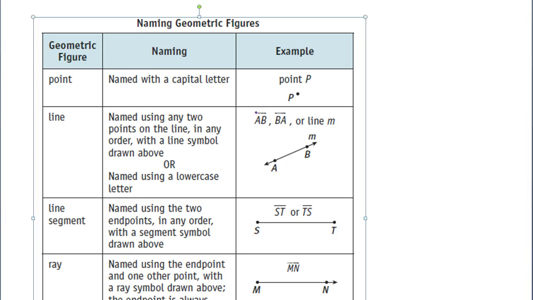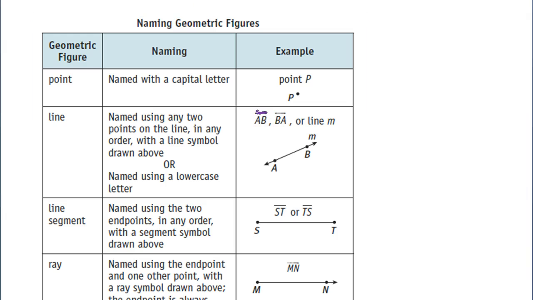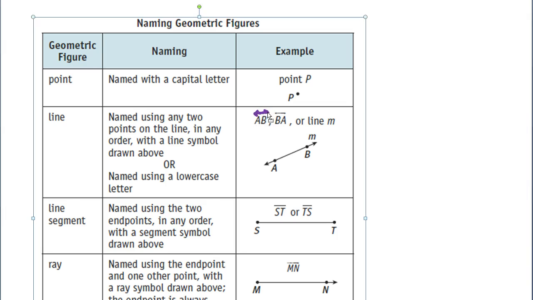It's hard to see because it's so small, but above the A and B, there's a line symbol, which is kind of like a segment symbol, but with arrows on both ends. The letters can be reversed, so line BA is the same line as line AB. Again, the symbol is a segment with arrows on both ends. The other way to name a line is with a lowercase letter, line M.